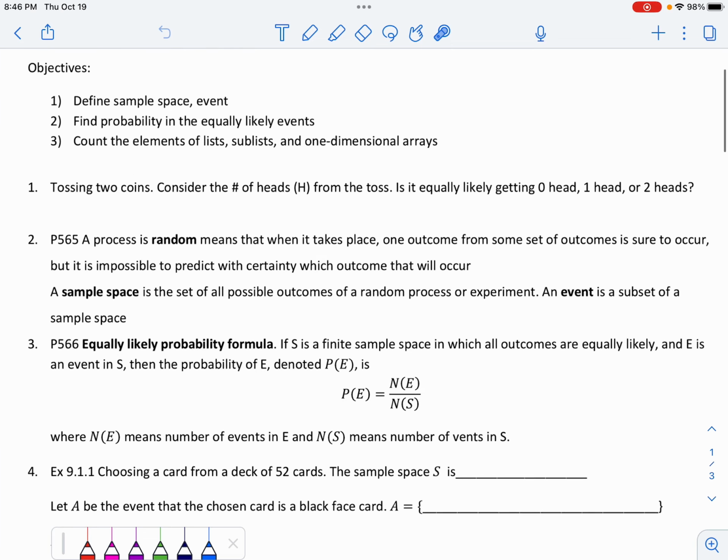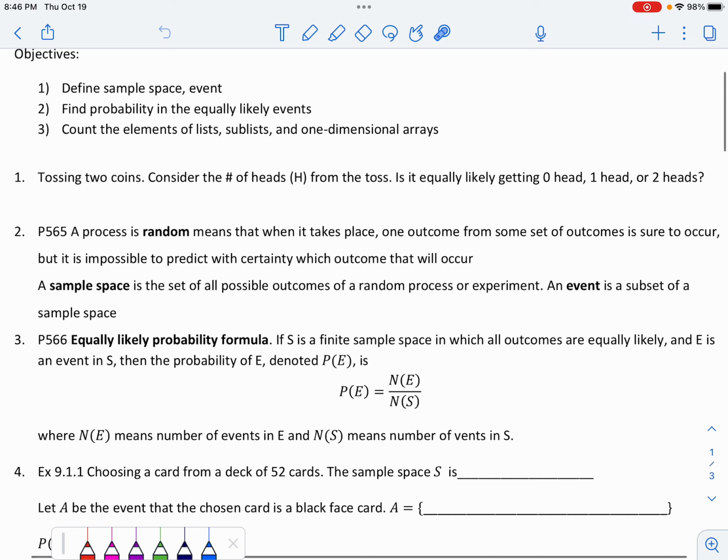The book starts with this question like tossing two coins. Consider the number of heads from these two coins. Obviously, you could have no head, they're both tails. Or you could have one head, where one toss is a head and the other toss is a tail. Or you could have both heads.